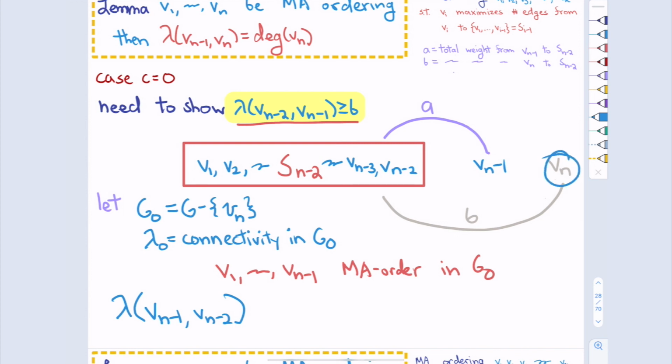When I deleted this last vertex Vn, that might kill off some of the paths. It's not going to create more paths. So what I'm saying is that when I delete a vertex, the max flow is not going to go down. Sorry, it's not going to go up.